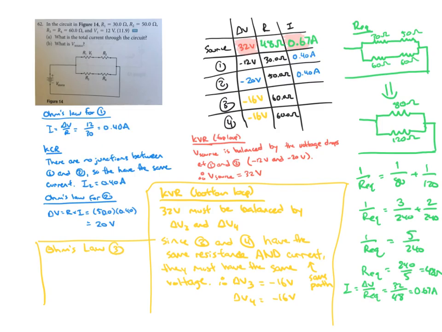I'll just do it for resistor 3. Well, and 4, they're the same values. Current is voltage over resistance. So 16 over 60, which is 0.26 repeated, so 0.27 when rounded.